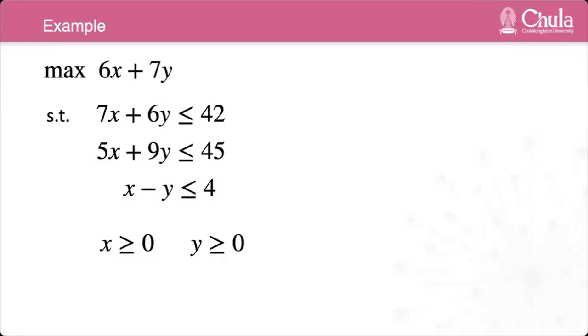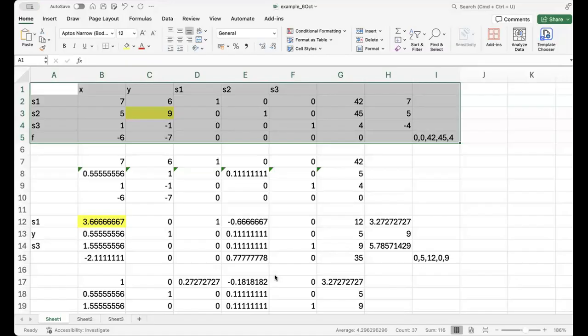Then solve it. You see, this is my Excel. And I suppose that you can do it by yourself, okay? The next problem, you will do by yourself, okay? So you see, we have x, y, S1, S2, S3, okay?